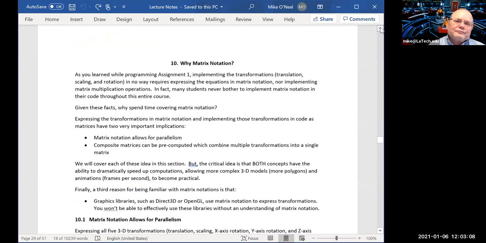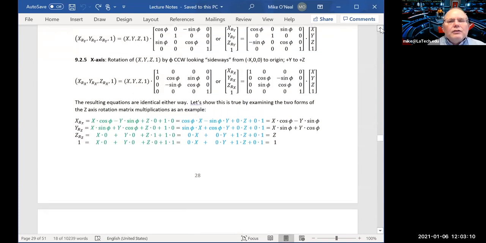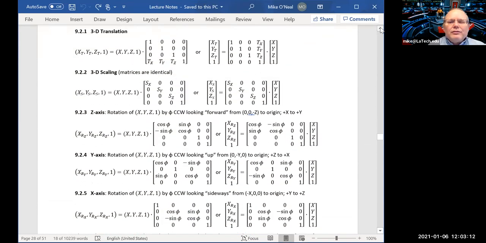Let me go back and say that again, okay? Z-axis rotation. The computation of X rotated, Y rotated, and Z rotated are totally independent of one another, right?